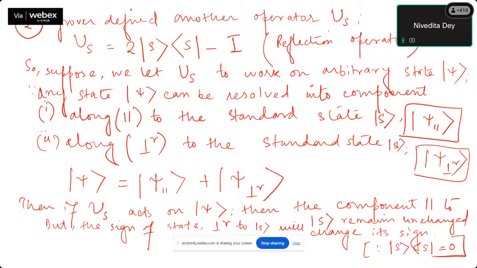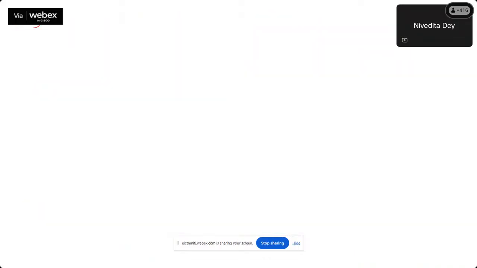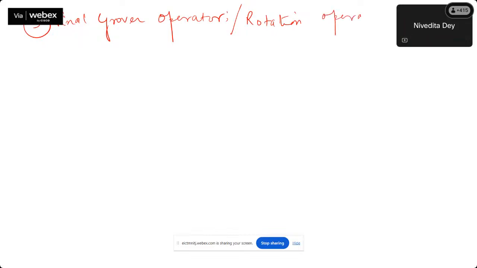So after these two operators, there is another operator, the third operator from Grover. The last and the third operator, or the final Grover operator, which is also known as the rotation operator, or RG, also known as the Grover rotation operator, can be written as: first you have to apply UW, then you have to apply US.